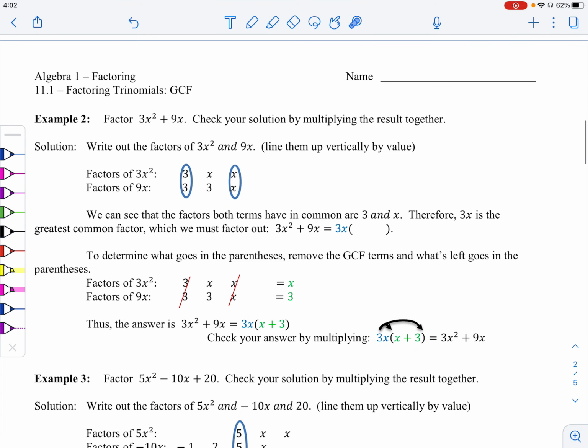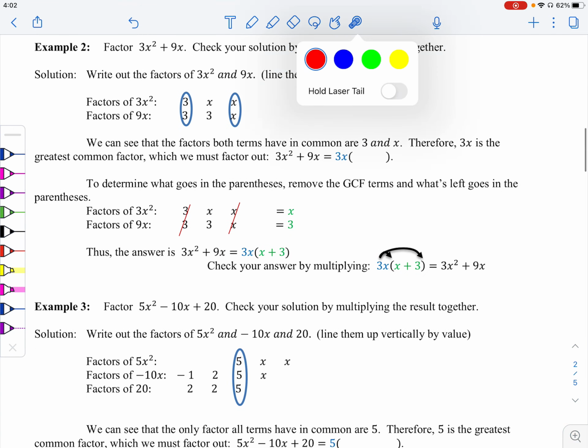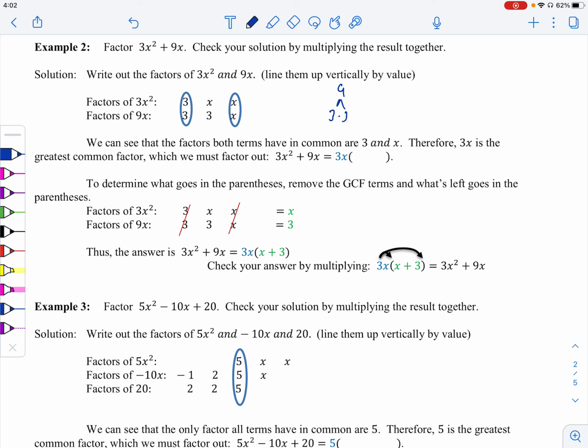Okay, again, we're going to write out our factors. Write out our factors of 3x squared. Simplify: 3 and 2 x's. 9 is 3 times 3. Let's write that, our factor tree: 3 times 3. We don't really need it, but we just write it out.